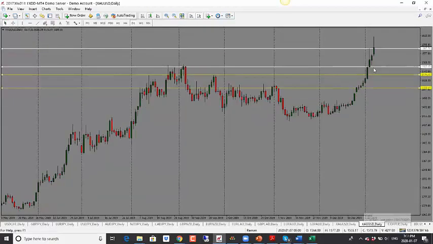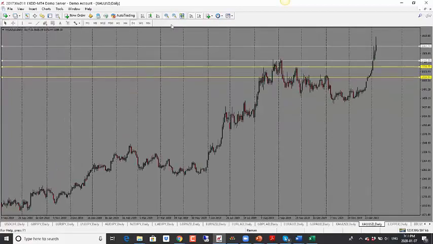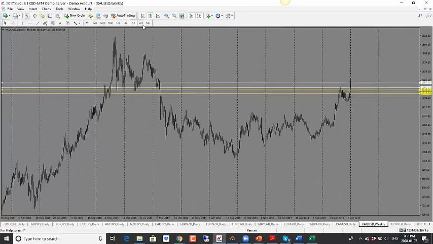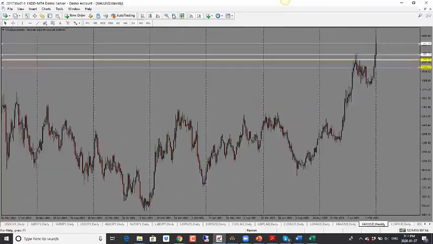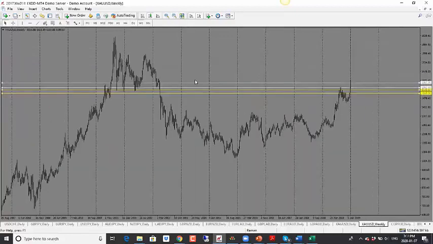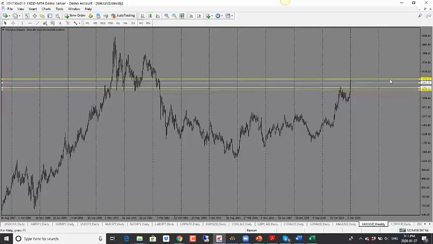Gold, same thing here. We do have a bullish candle close. Now the target would have been 1587, but price has already gone through that. So let's zoom out a bit to see where we stand with gold. Okay, in terms of the gold, we have to go back quite a bit here. Price jumped up fairly quickly.